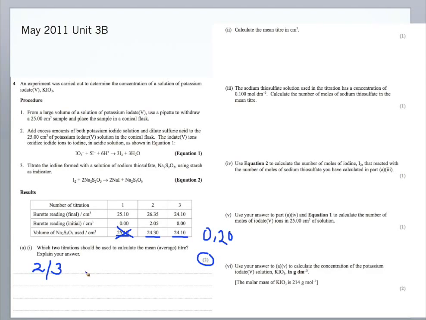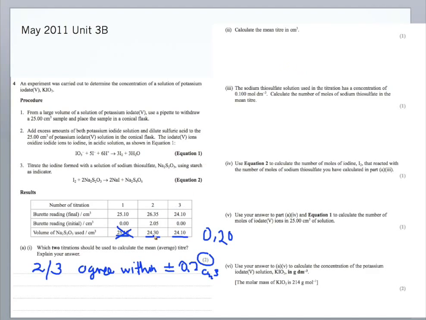And the explanation we would give is that they agree within plus or minus 0.2 centimeters cubed. So that's our answer.